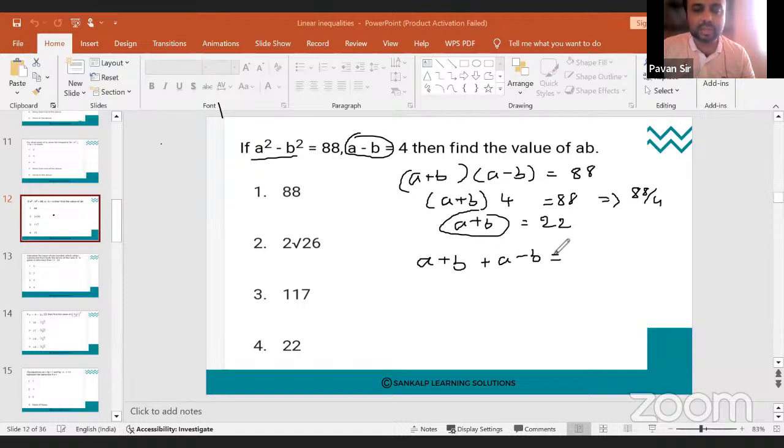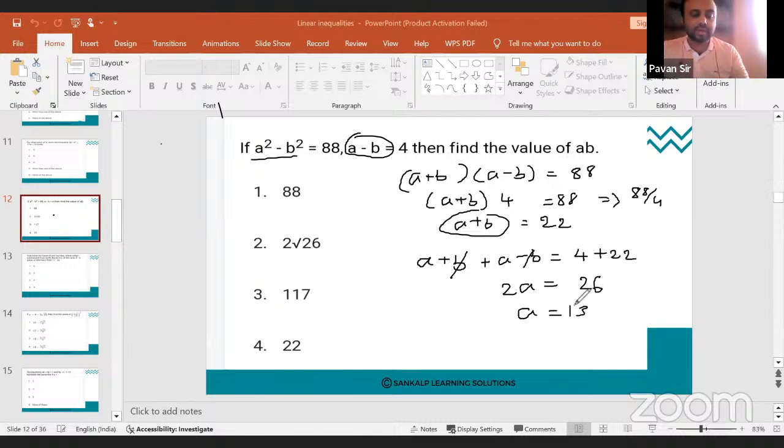A minus b is 4, a plus b we got as 22. So add the equations. So b and b got cancelled. 2 times a is equal to 26. A is 26 upon 2, that is 13.